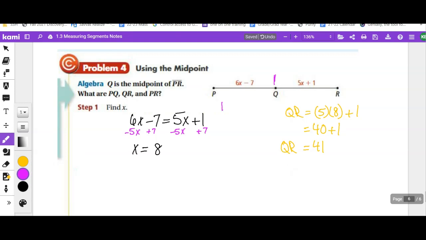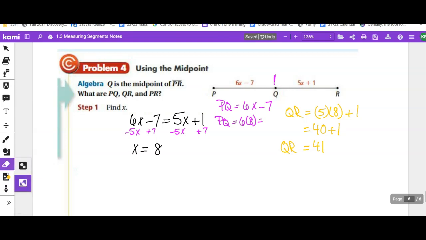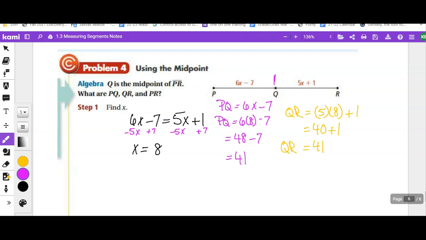So now let's find PQ. So PQ is equal to 6x minus 7. PQ is equal to 6 times 8 minus 7. So it's 48 minus 7 equals 41.